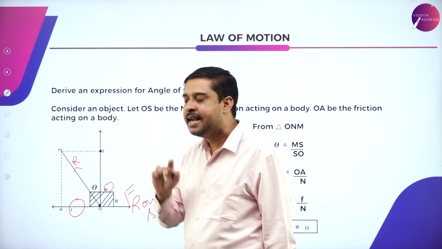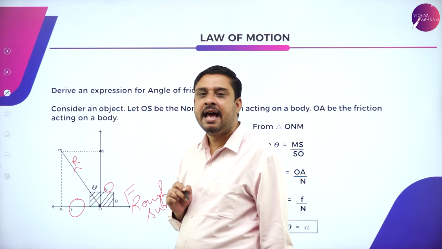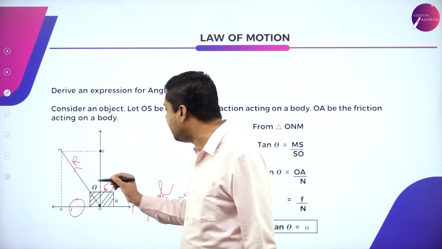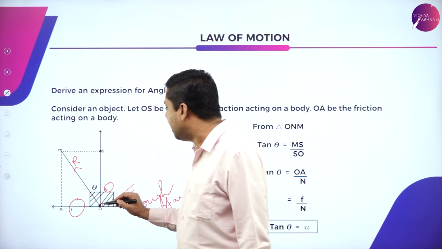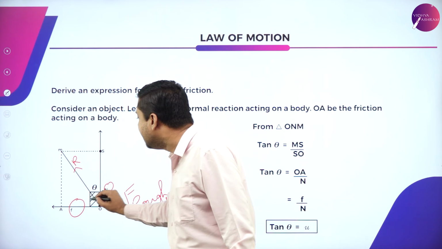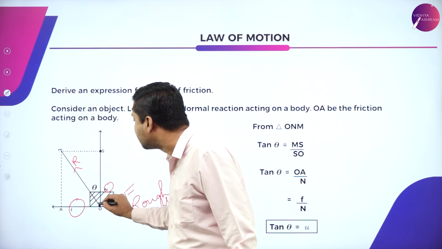Again, it is the angle between the normal and the resultant of the normal and the frictional force.